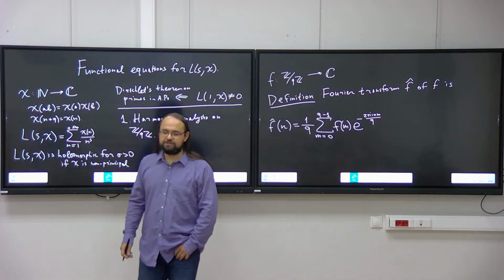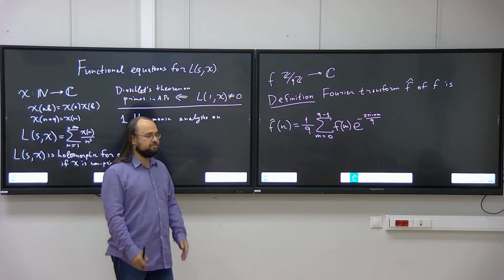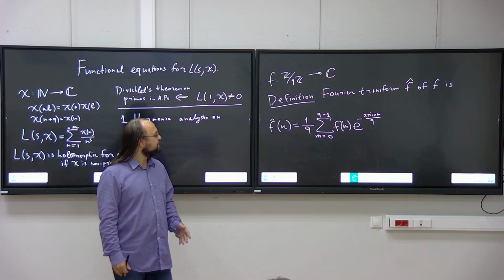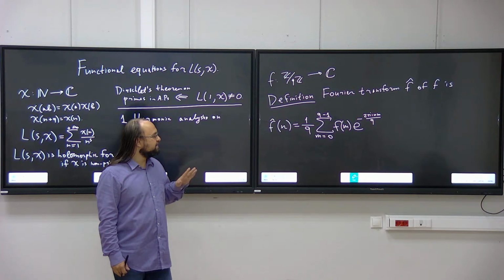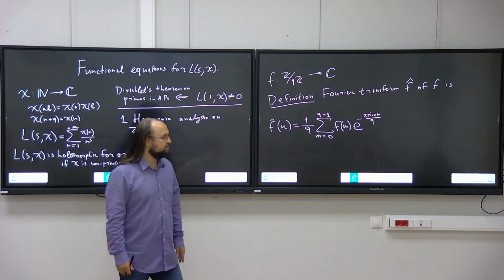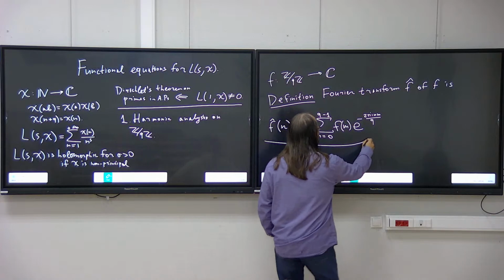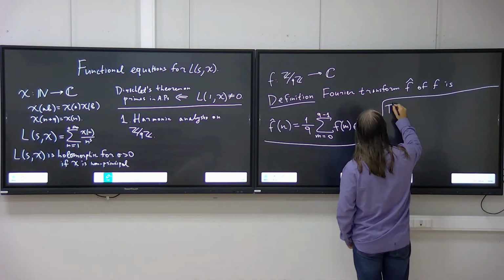And now we are going to see that this Fourier transform is very similar to the Fourier transform on the real line, in the sense that we have similar formulas like Fourier inversion and the Parseval identity. Let us establish these formulas. This will be the first theorem for today.